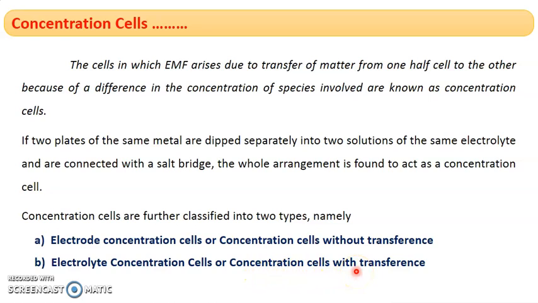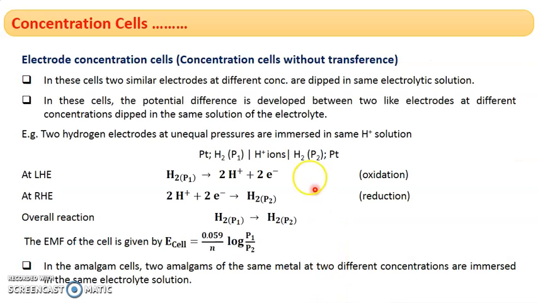So let us discuss in detail these two types. First one, electrode concentration cells. I told you already, concentration cells contain similar or identical electrodes, or similar or identical electrolytes. Similar means the composition is the same but the concentration is different. Identical means the composition is the same and the concentration is also the same. I'll give an example.